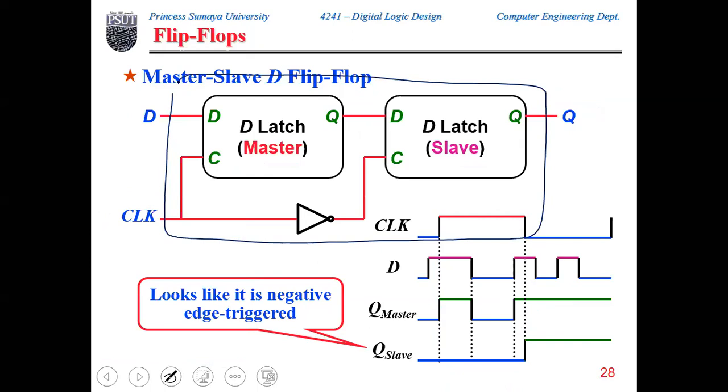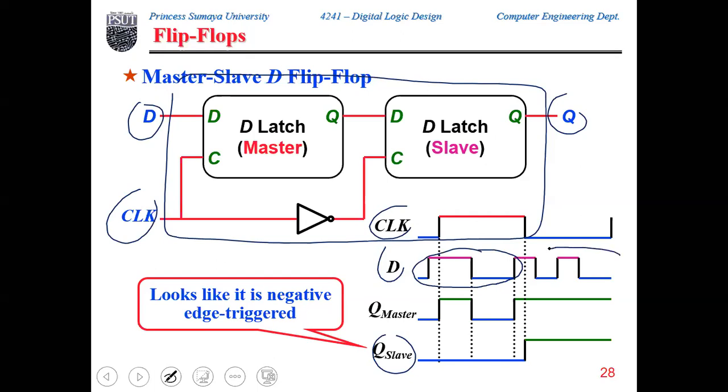We don't see the Q master. We have control on D, clock, and the Q. So now, if we look at the timing diagram below, in terms of the relation between clock, D, and the Q slave, we see that regardless of the changes that occurred in this time and the changes that occurred in this time, during this time, for D, the Q slave, or the stored value that we are concerned with, only changed at where?